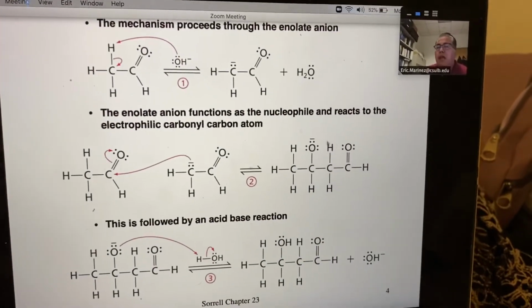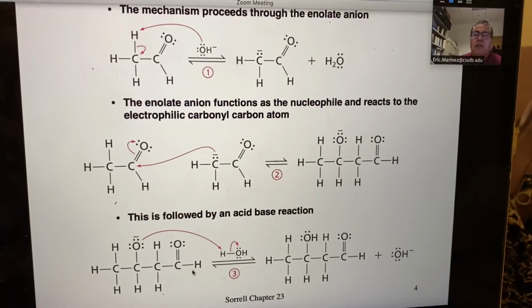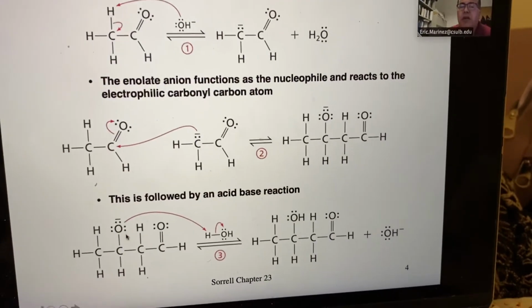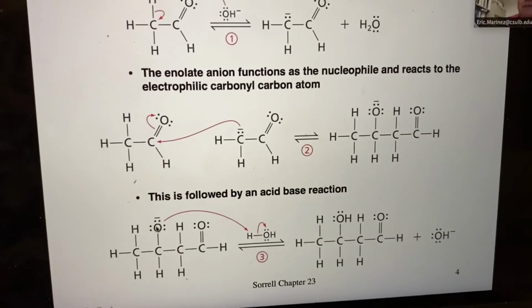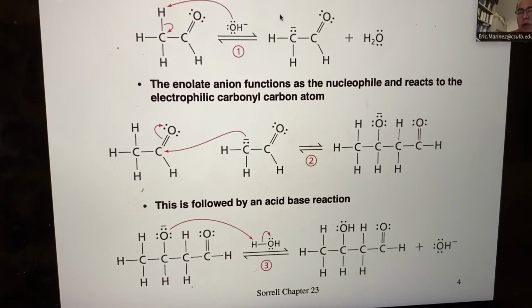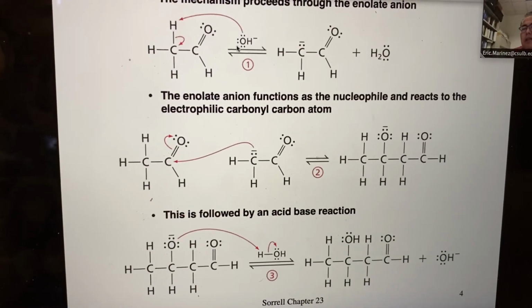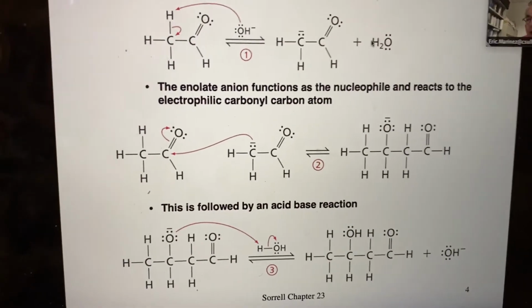Okay, so now that I have this tetrahedral intermediate, the last step is that the alkoxide that's formed, the tetrahedral intermediate oxygen that has a negative charge, reacts as a base with water in this case. Whatever the conjugate acid is that's formed in this reaction, in this case, if I'm using hydroxide, it's water. If this was ethoxide, it would be ethanol.